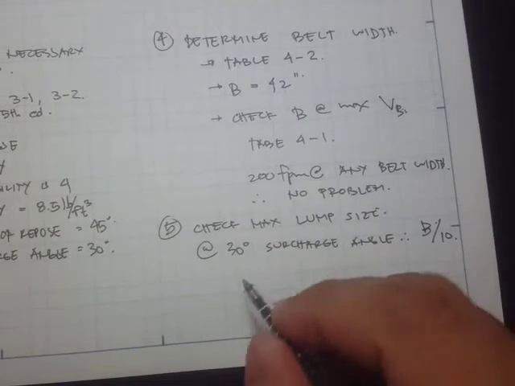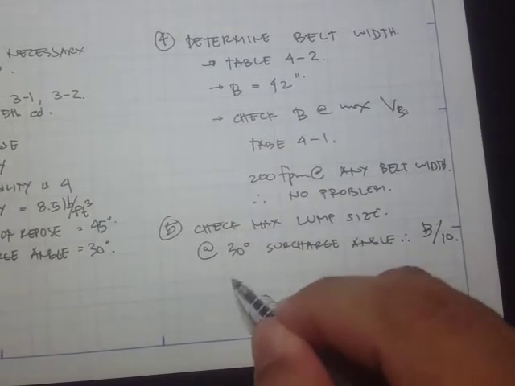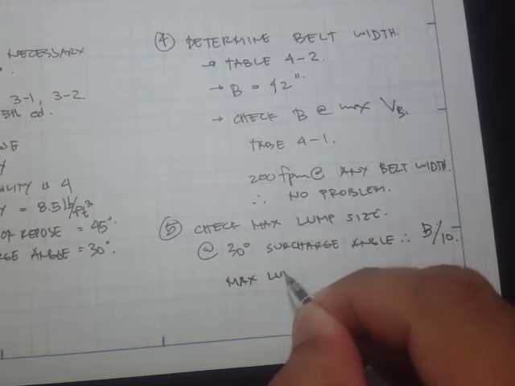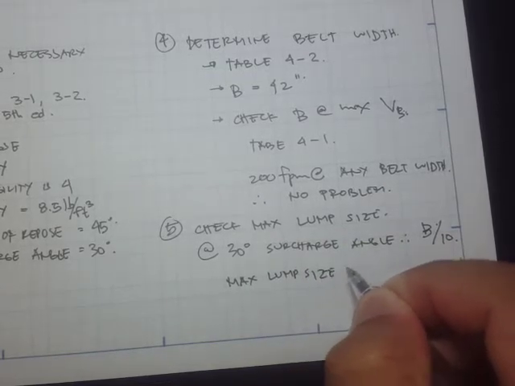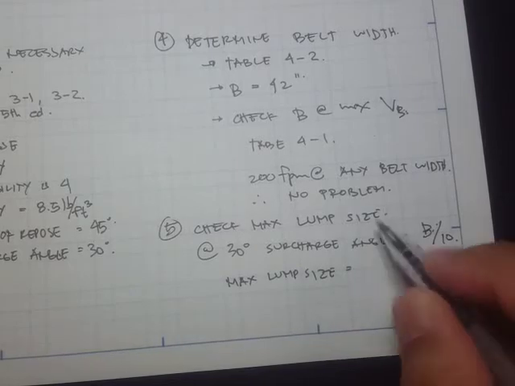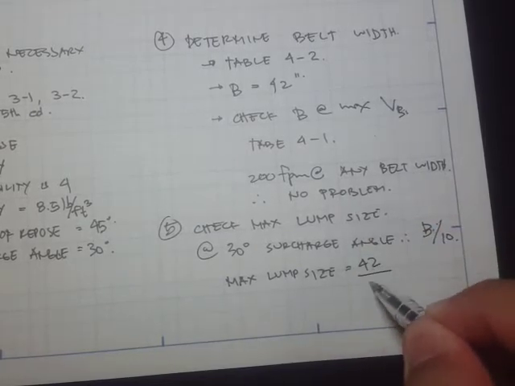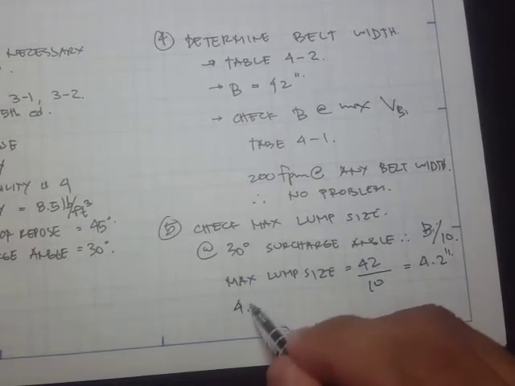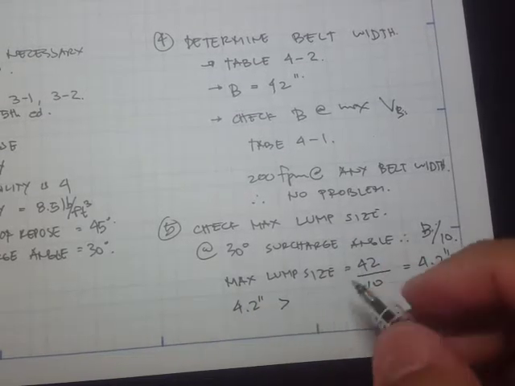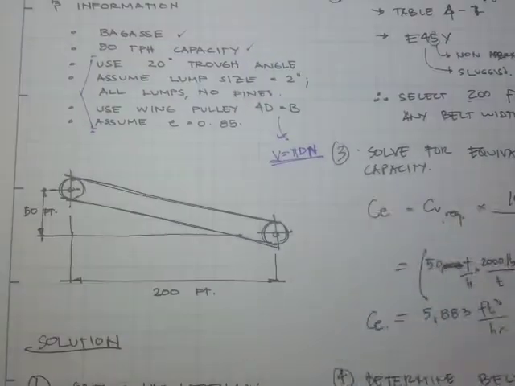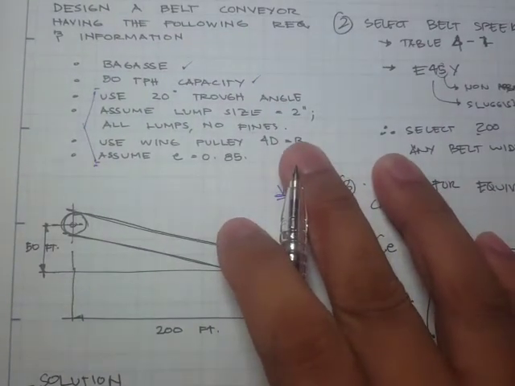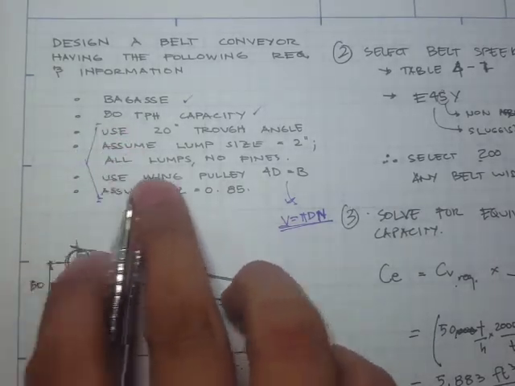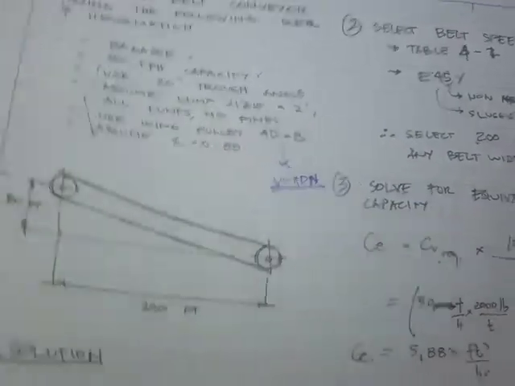So max lump size is equal to, our belt width is 42, so 42 all over 10, and that's going to be 4.2 inches. So we see that 4.2 inches is greater than our material lump size, which is 2 inches.